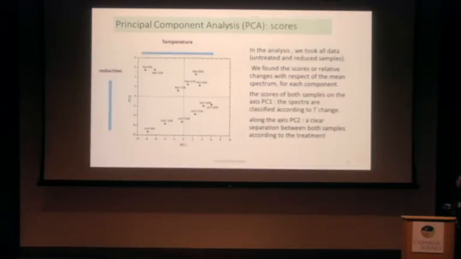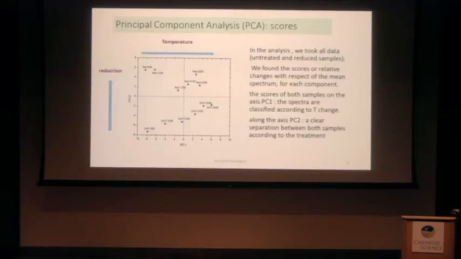So I can show you the results with this analysis. We took all data, so that means untreated and treated samples, and what we observe, you can look at in this 2D picture. The mean spectrum is at the origin.